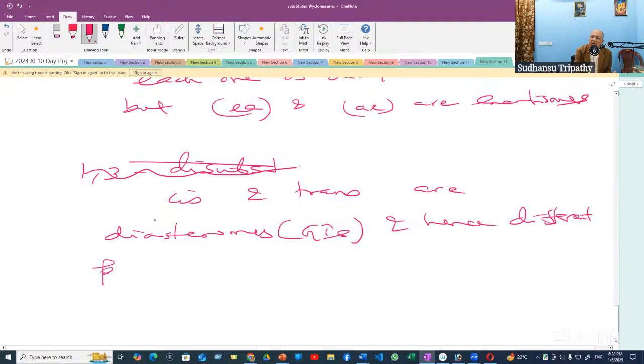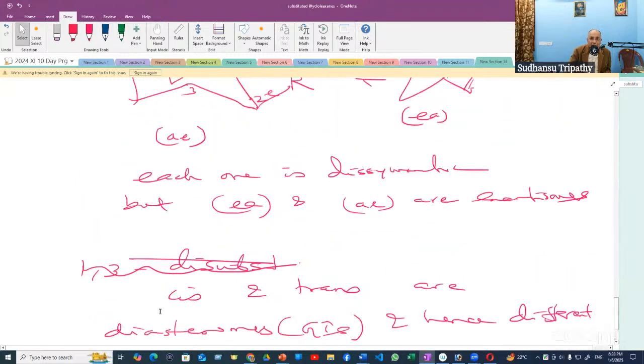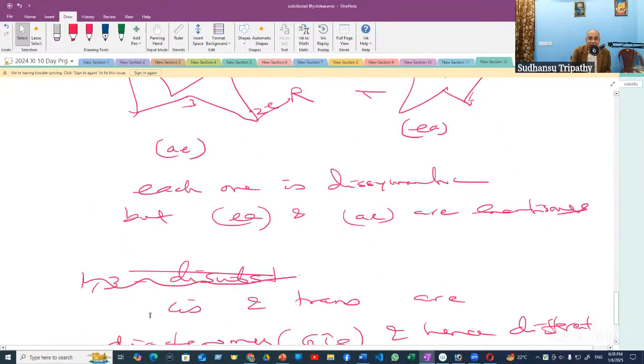Supposing in one synthetic process, you get a mixture of cis and trans of 1,2-dimethylcyclohexane. The trans will contain 99% of the EE and 1% of AA, while the cis will contain 50-50. I didn't write 50 of this and 50 of that. It is understood. Enantiomers, but optically inactive.